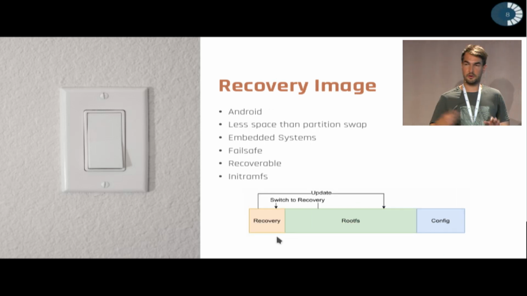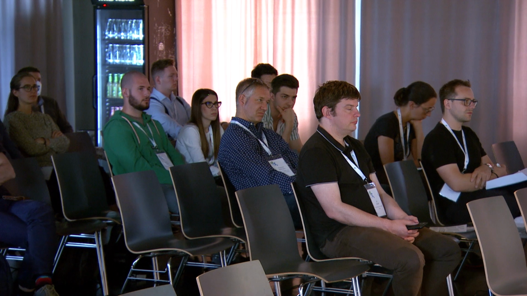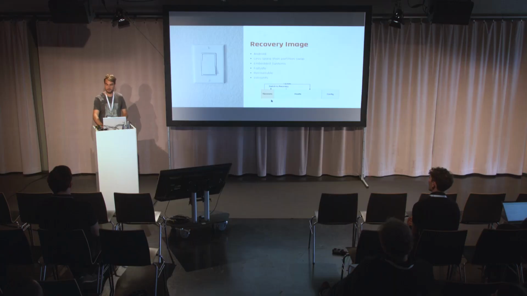And here it's a bit harder because you have to do the reboot, then you have to select the right partition for the recovery image, and then there you have to install your new file system. Often for the recovery image, they use an initramfs, which is just a packed RAM disk image. So it makes the whole thing compact and fast to boot.